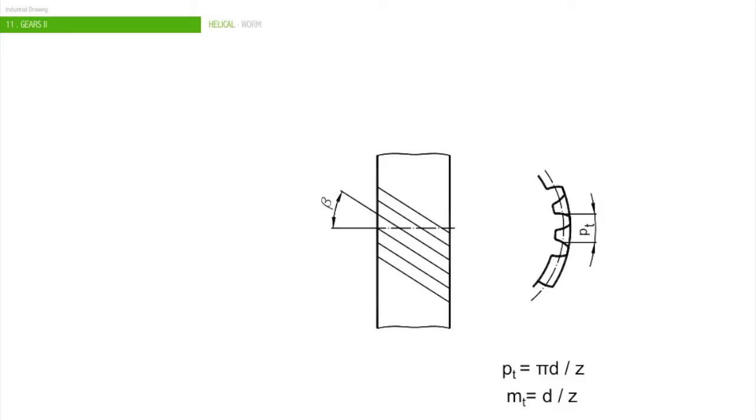So we can relate the pitch to the diameter of the pitch circle and the number of teeth. Remember, Z stands for the number of teeth. As a consequence, we get the circular module, the diameter of the pitch circle divided by the number of teeth.